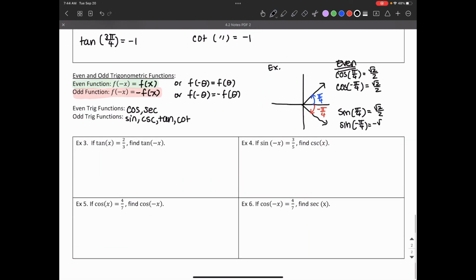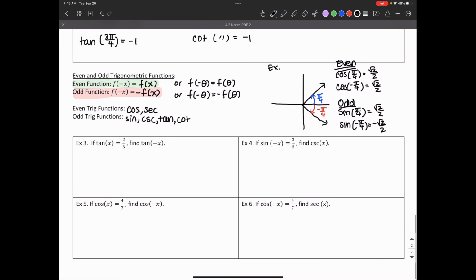So I can see that these are opposites of each other when I plug in the negative versions. So that proves that sine is odd. If I did it with tangent, I would see the same thing: I would get the opposite value if I plugged in the negative version of the angle.